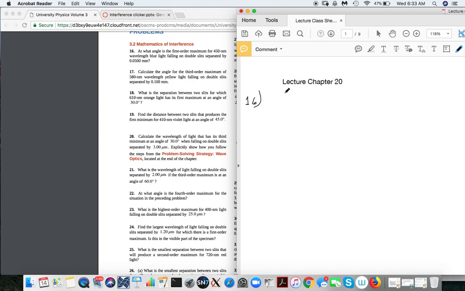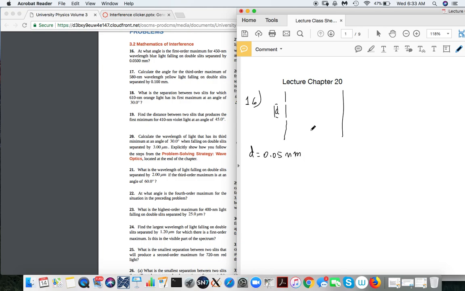So, double slit. The distance between the slits is given, d. I'm doing this assuming you have no idea how to do that, but I think by now you guys are comfortable with this.